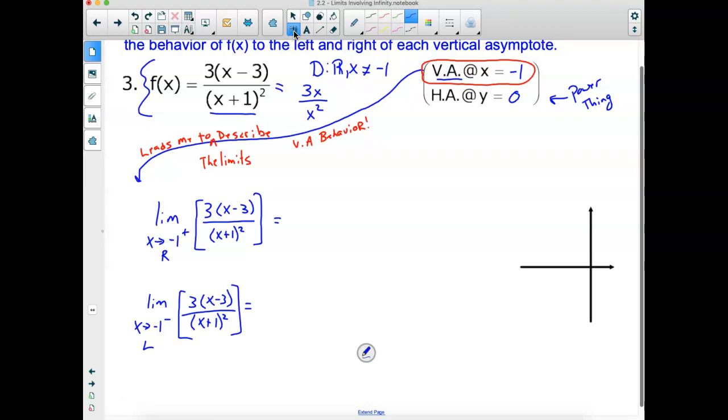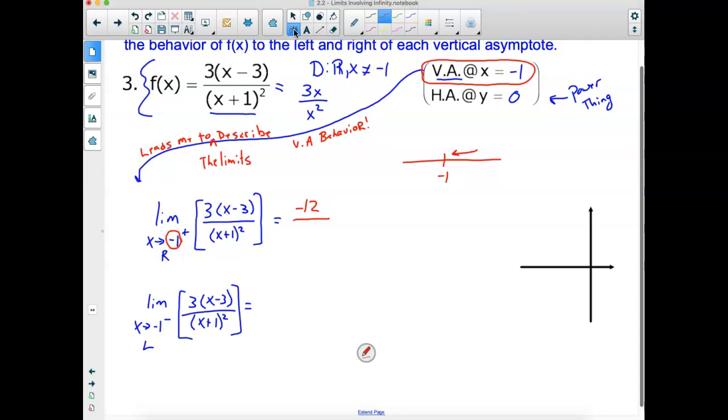So when I evaluate these, the numerator is virtually just going to be a constant. So I'm always going to plug that target value straight into the numerator, which gives me 3 times -4. That gives me -12 over. Now for the bottom, for the visual learners such as myself out there, when I'm approaching -1 from the right side, what small number am I plugging?